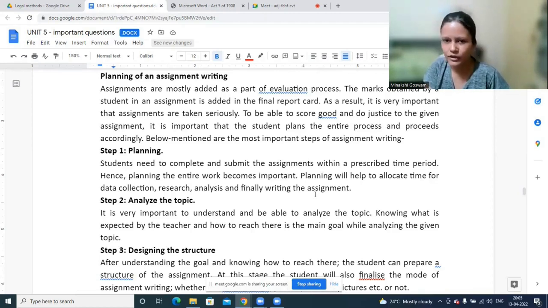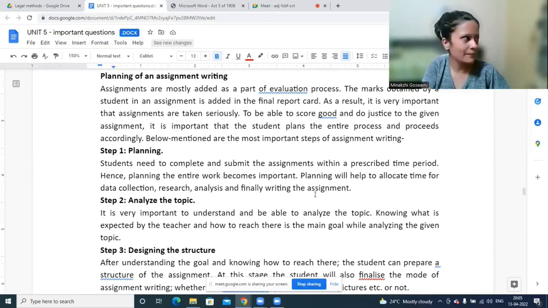Then analyzing the topic. Whatever the topic is or whatever the work that is assigned in that particular assignment, we need to know that particular topic. So a basic understanding of the topic is also needed. We need to know what we are expected to do and how we would finally be able to achieve that.